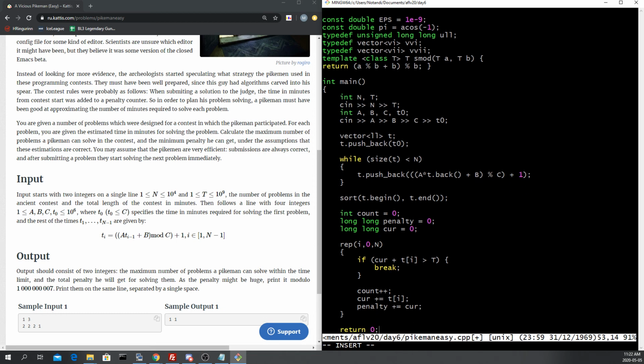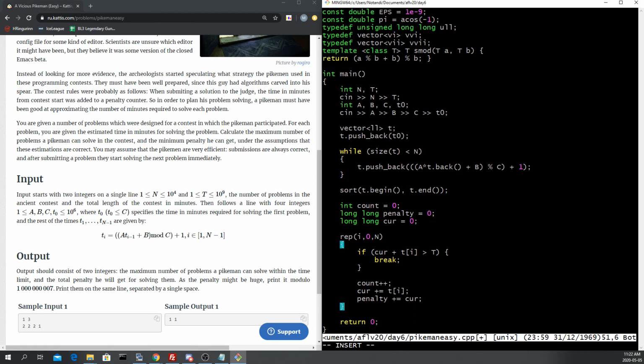Okay. At the end, we have to write out the count and the penalty modulo 1000007.